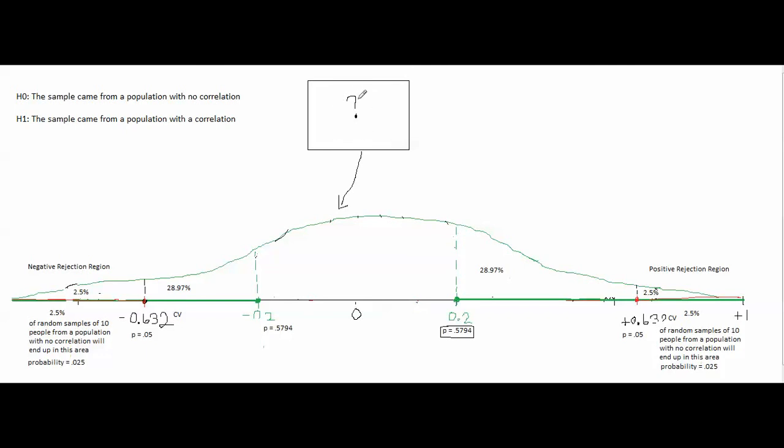To make the decision about this population, to decide between these possibilities, we have to look at where our sample ends up on this number line. We have to look at where the sample correlation coefficient falls.